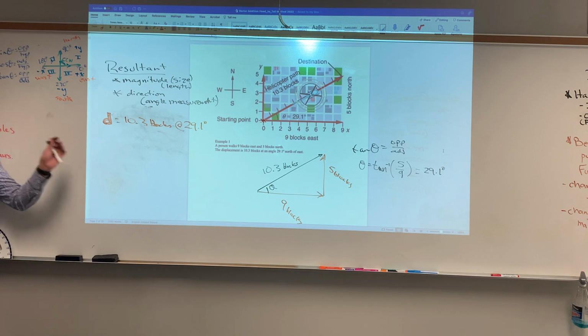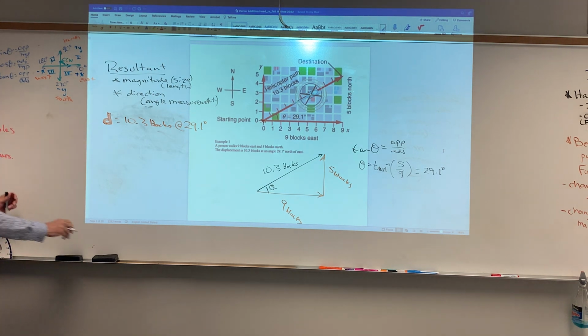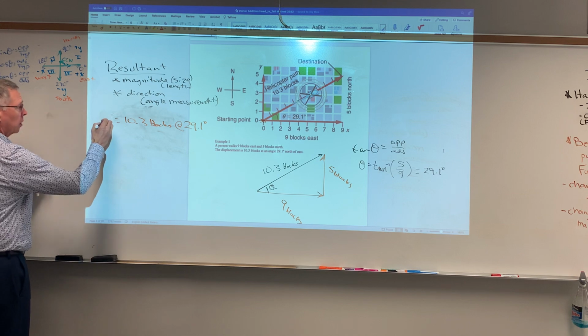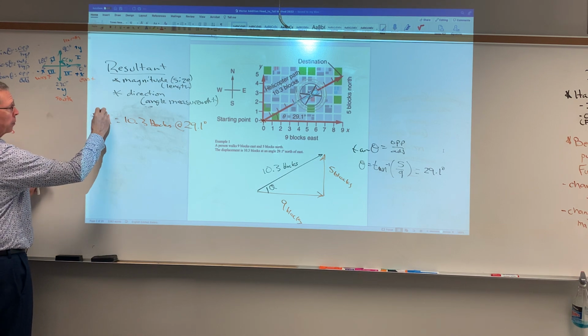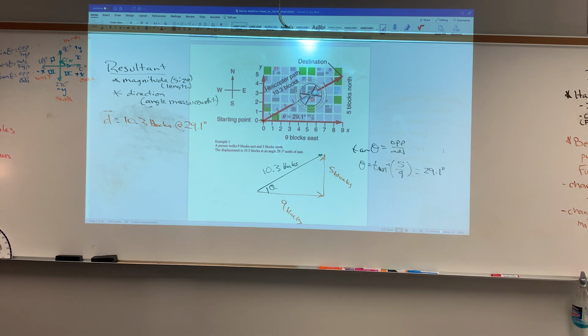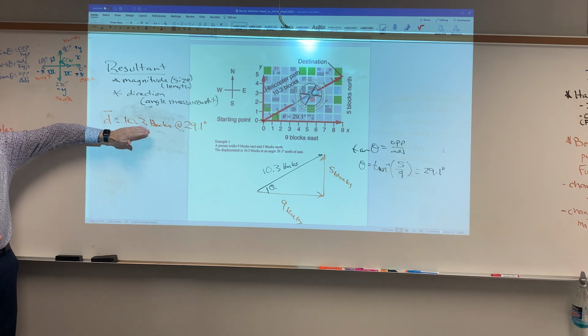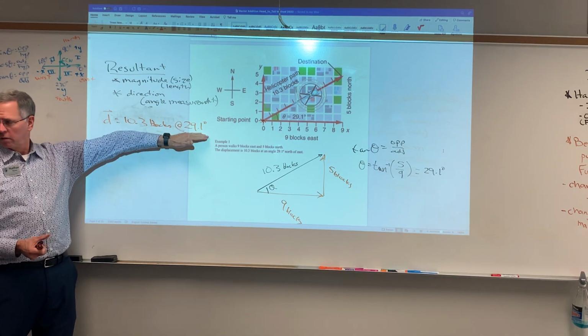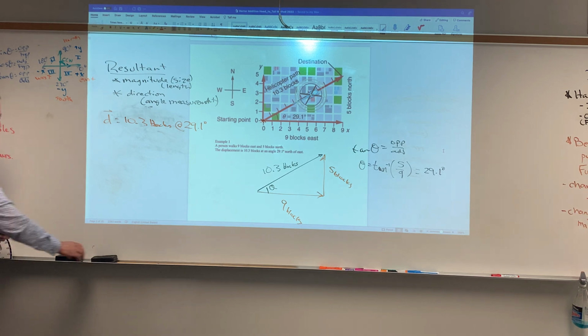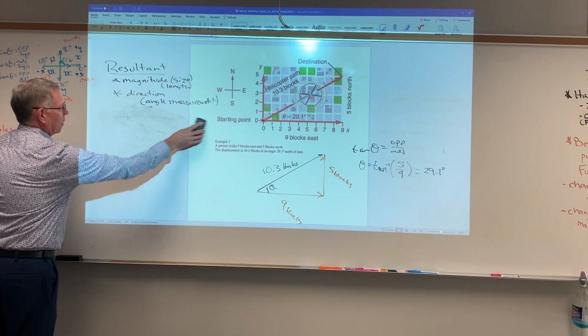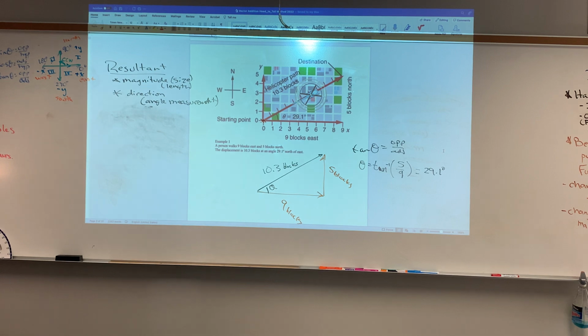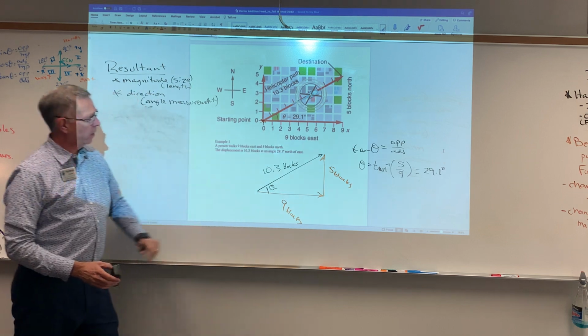It's hard to do bold print on the board, so if it's supposed to be a vector, I'll put a little ray over the top of it. That's the symbol that this is a vector quantity, and it has to have both magnitude and direction. That's why I reviewed the trig a couple of days last week, because we're going to be using it when we add vectors together.